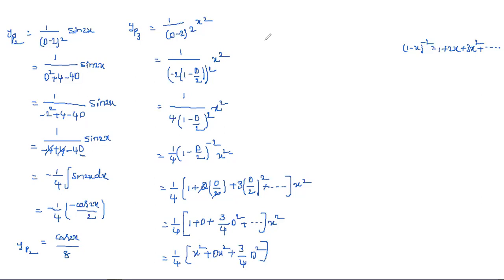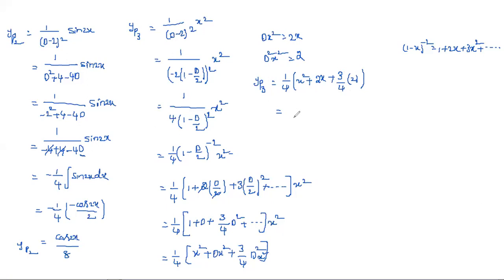Now D x square is nothing but 2x. And D square x square is nothing but, again taking the derivative, we'll get 2. Now you can substitute in yp3: yp3 is equal to 1 by 4 into x square plus D x square, which is nothing but 2x, and then 3 by 4 into D square x square, which is nothing but 2.